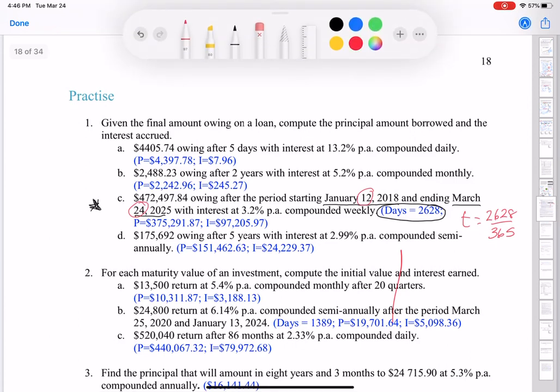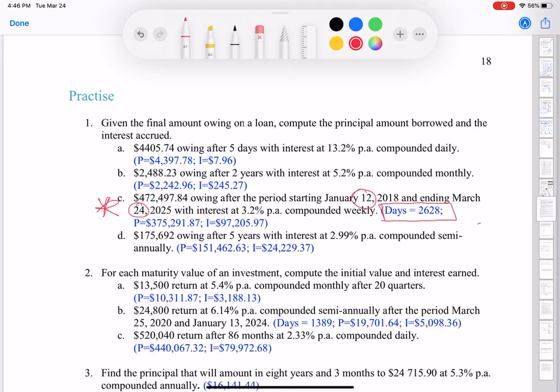I do want to bring your attention to your student practice, and I want to point out that you're going to run into some questions in the practice that are having you count time, like January 12th to March 24th in this part C. I've said to you that we are not counting anything that is not going from January 12th to March 12th, an estimation, and that if you run into these in the student practice, you should just use the number of days that are provided in the solution.